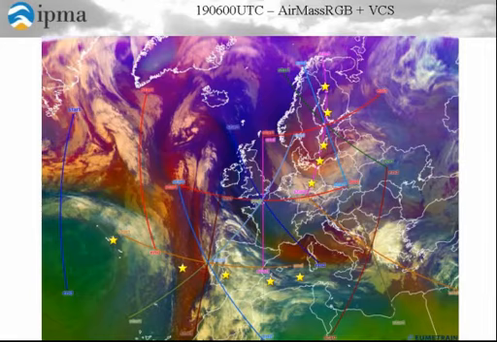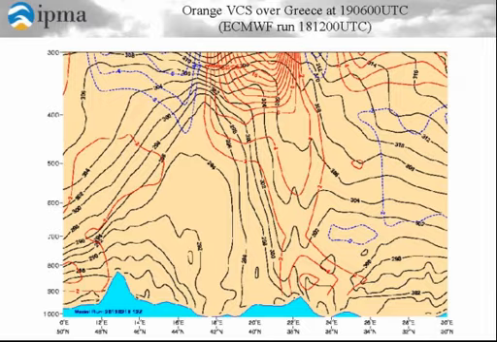And the last one I want to show you is the one over Greece, over this area. And we can see the slope of isentropes.